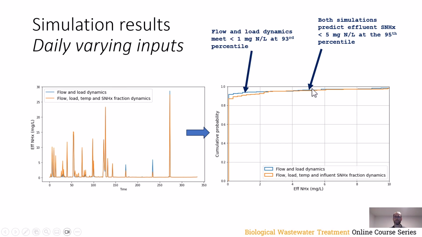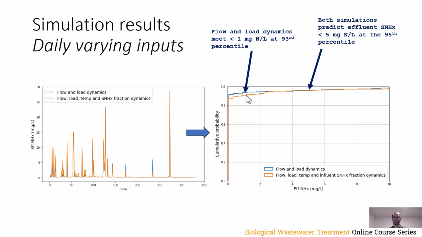On the other hand, if we're looking at the probability that effluent ammonia would be less than 1 milligram per liter, now we see some daylight between the blue and the orange curves. For the blue curve, where we only simulated flow and loading dynamics in the influent, we are expecting, based on simulation results, to meet 1 milligram per liter 93% of the time.